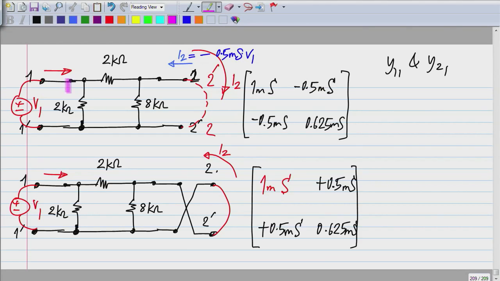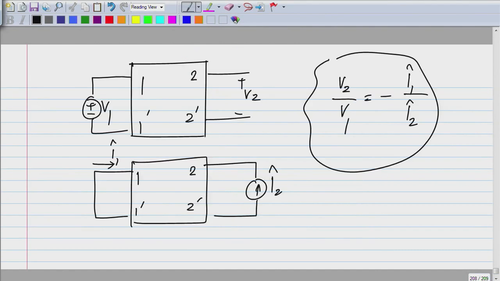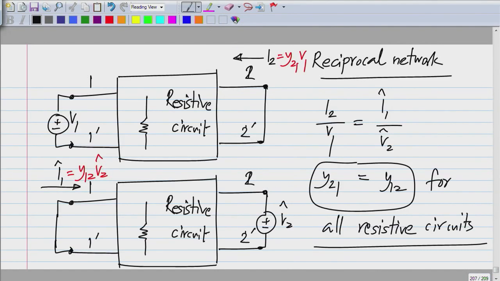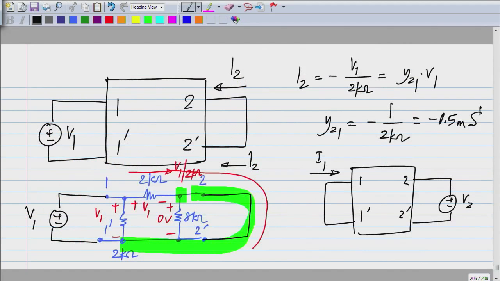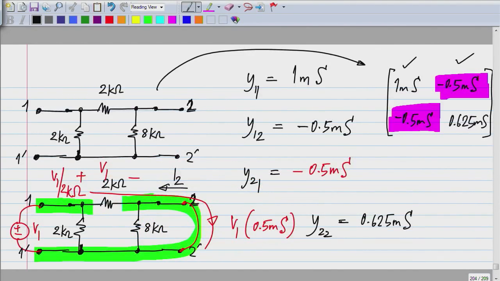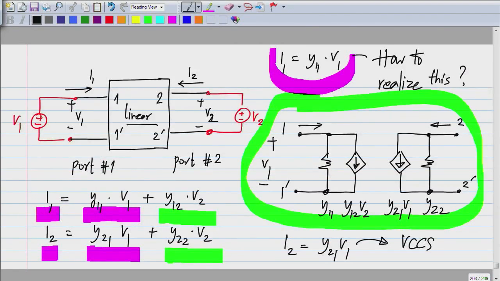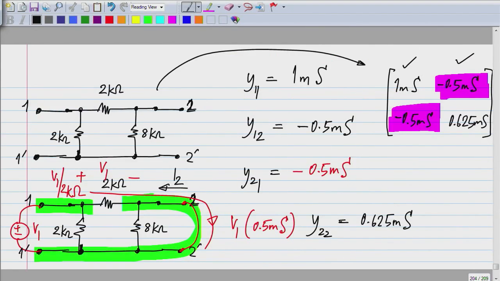And secondly, also if you have only resistors, both y11 and y22 will be positive. Okay, so again let me look at this picture here where we are calculating y11.